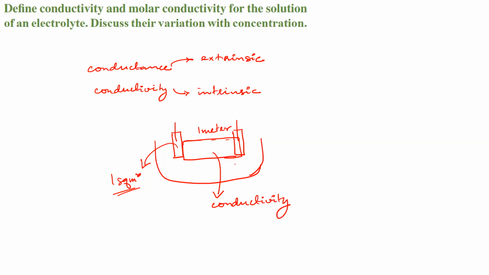You have a specific type of cell with specific electrodes, the distance between them is 1 meter, and both are of 1 square meter area. Then you measure the conductance, and whatever you get is the conductivity. Got it? Yes or no? Tell me.